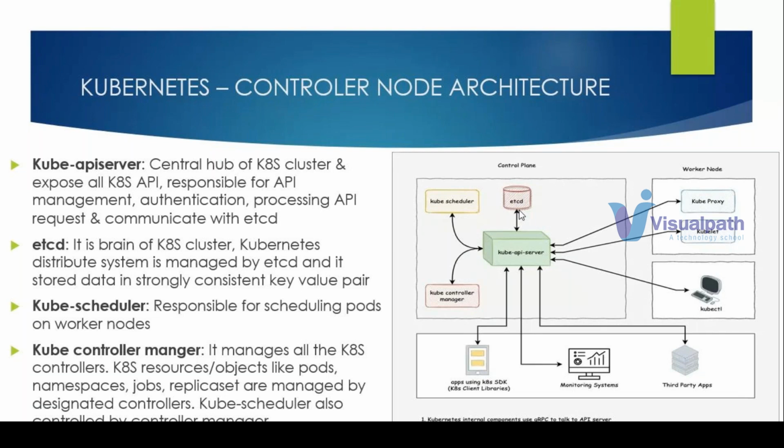There are a lot of controllers, like application controller and scheduler controller. When we go into detail, we'll explain those things. But there are a lot of controllers in Kubernetes, and those things can be achieved with the help of Kube controller manager. Okay.